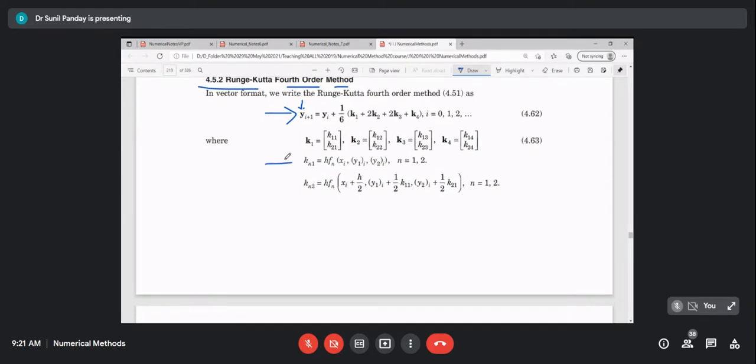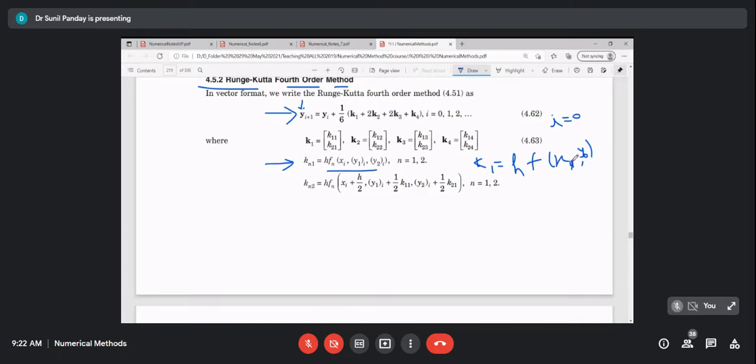Now how do we get these? At the nth step, k1 is h fn(xi, y1i, y2i). If you remember, K1 earlier was also h of f(x naught, y naught). Instead of that, here they are taking i instead of naught, calculating y at i plus 1 from the y value at i.